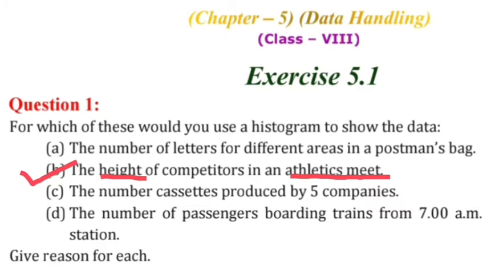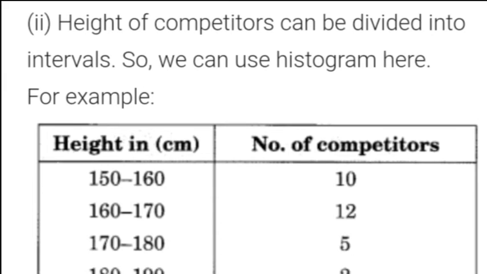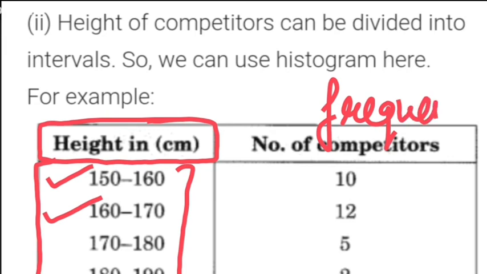Similarly, you can write like this: height of the competitors can be divided into intervals, so we can use the histogram here. For example, height in centimeter is given as 150 to 160, 160 to 170. These are class intervals, and this is our frequency. So we can show the histogram easily.